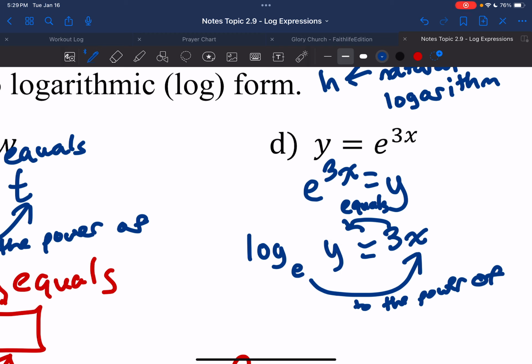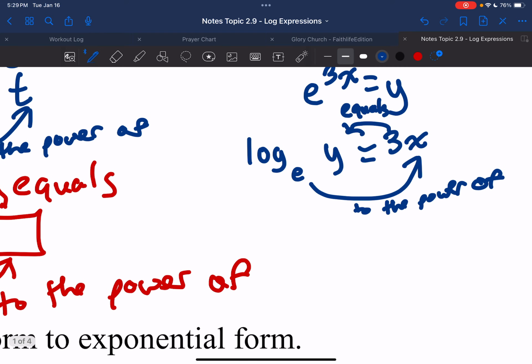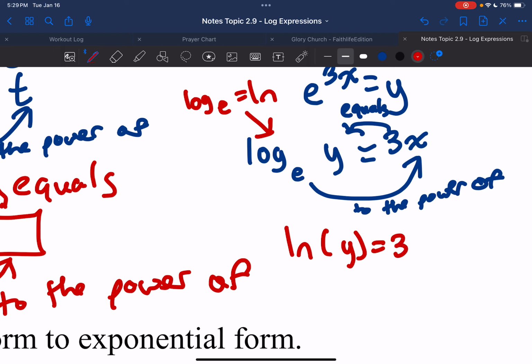So log base e of y equals 3x. And then from here, this is where the ln comes in. So right here, I can write log base e as ln. That's just what that's short for. That natural logarithm is short for log base e. So ln of y equals 3x. That's how I rewrite that one.